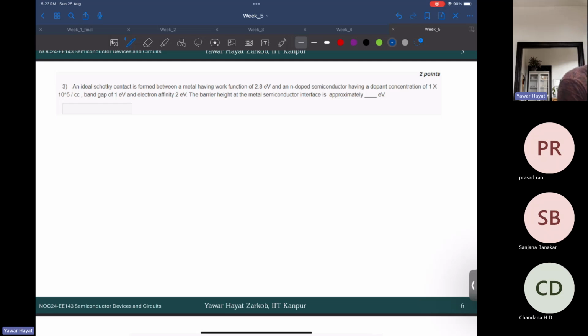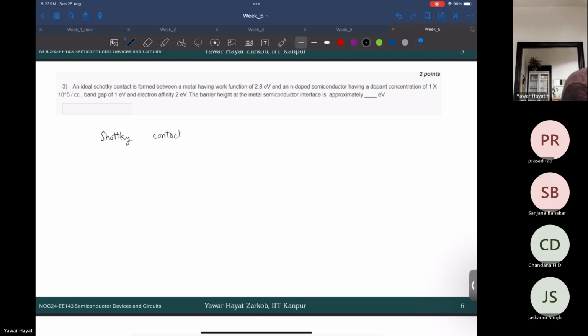So we'll do the following. We need to make a band diagram. We'll write as follows. This is a Schottky contact between your metal and your n-doped semiconductor, and your phi m is greater than phi s.